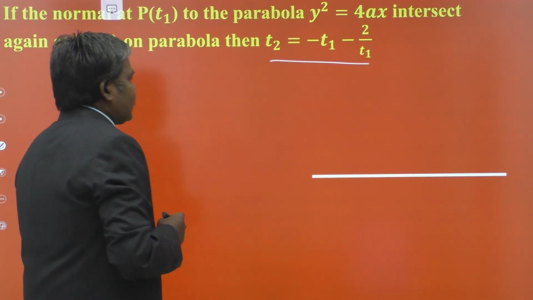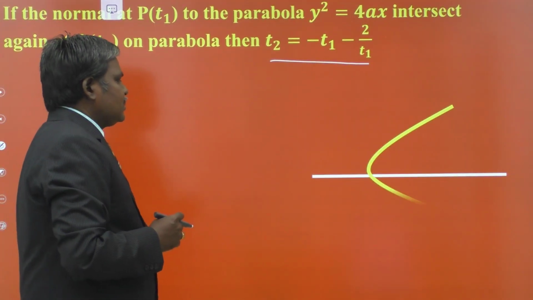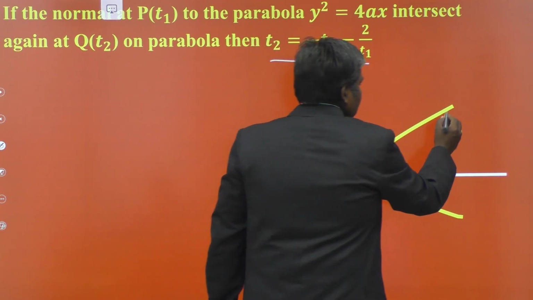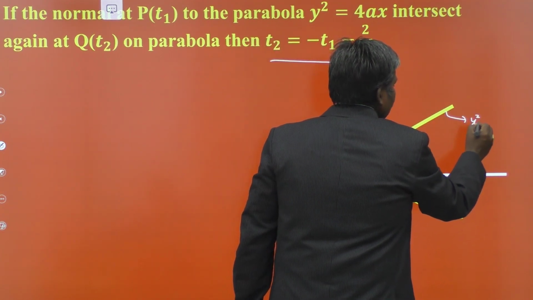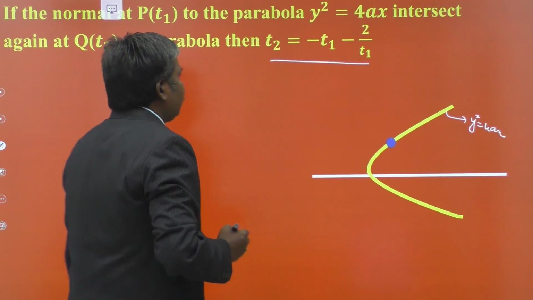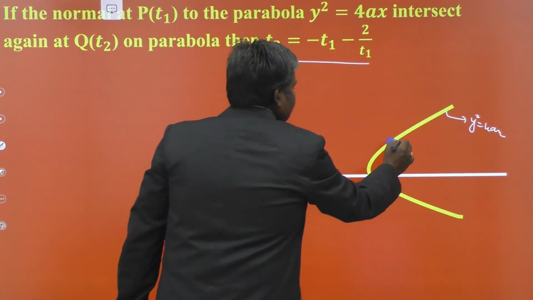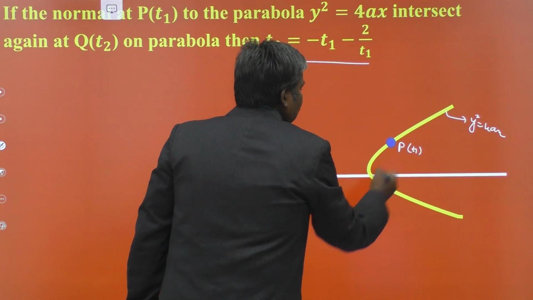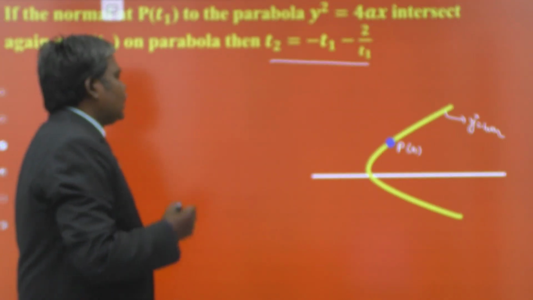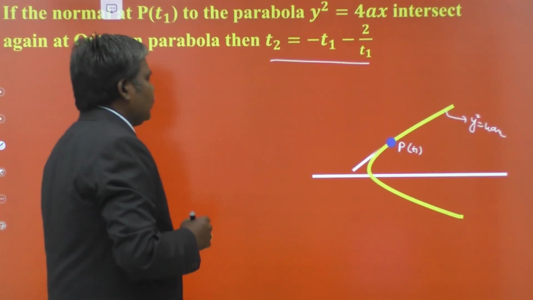This is the axis of the parabola, the x-axis. This is my parabola, y² = 4ax. Now take any point P. Its coordinates are (at1², 2at1). This is any point P on the parabola. Draw the normal at that point to the parabola.